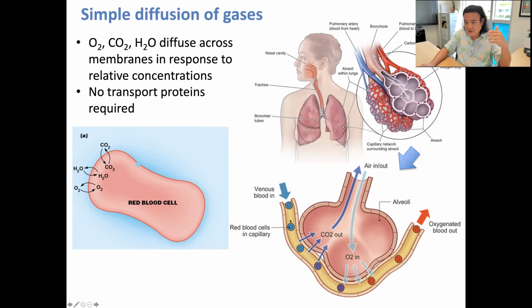You can see quite literally the red blood cells flowing by here. Carbon dioxide diffuses out of those red blood cells into the air inside the alveoli, and oxygen in the alveoli diffuses the other direction into the red blood cells, purely based on concentrations: higher to lower CO2, higher to lower oxygen.